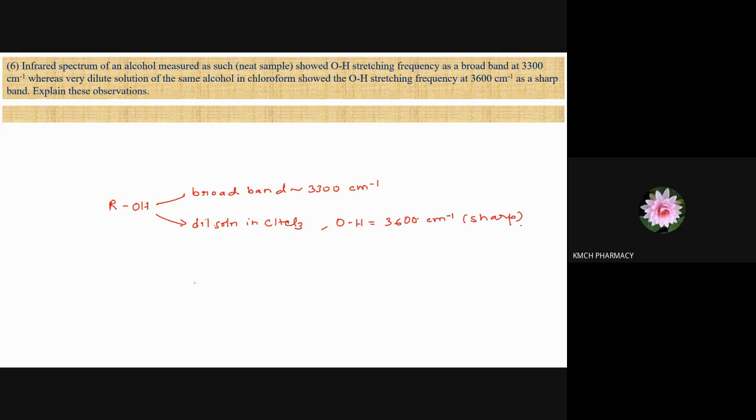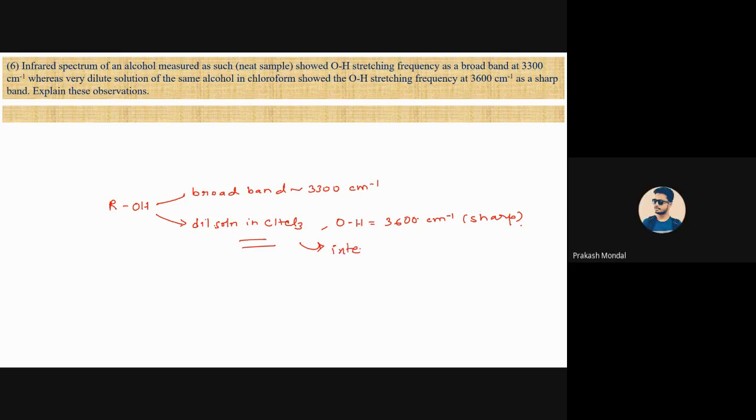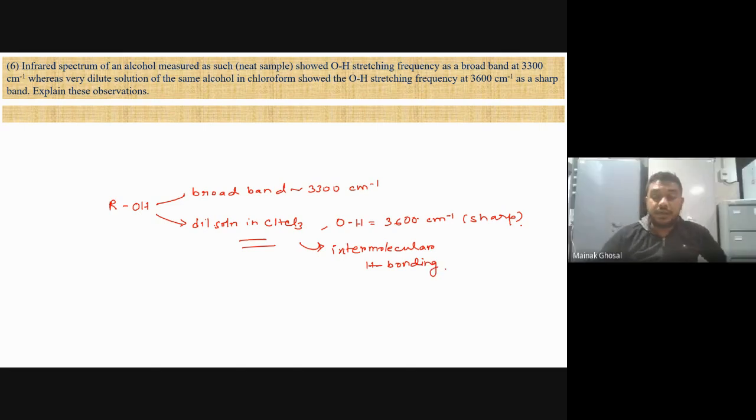So that will be hydrogen bonding, which is what kind of hydrogen bonding? Intermolecular, yeah, intermolecular. So intermolecular hydrogen bonding is actually getting perturbed if you have a neat solution, and if you have diluted it with toluene, you will see there is a shift of this OH stretching frequency.